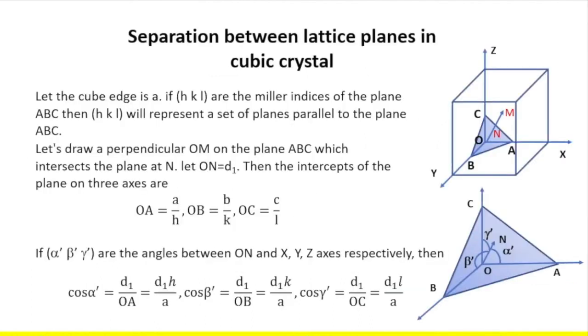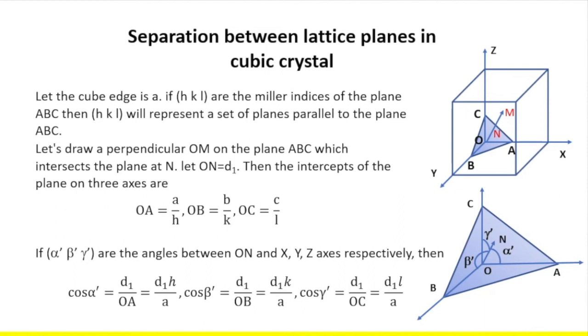Now coming to the separation between the lattice planes in a cubic crystal. Let's say we have a cubic crystal with lattice constant a, and if HKL are the Miller indices of the plane ABC as shown here in the figure, then it will represent all the sets of planes parallel to this plane ABC.